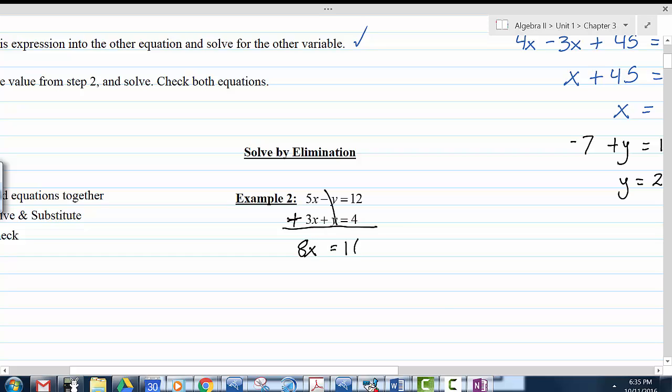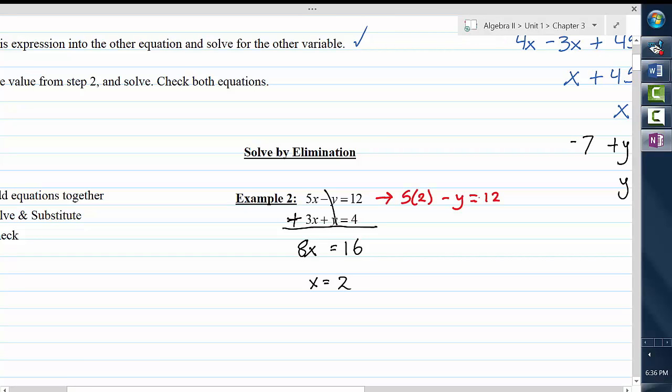And we're left with a simple equation after that. 8x equals 16. x equals 2. Again, we're not finished. We only have the x value, so we have to plug that back into one of these. How about we plug it in here? 5 times 2 minus y equals 12.